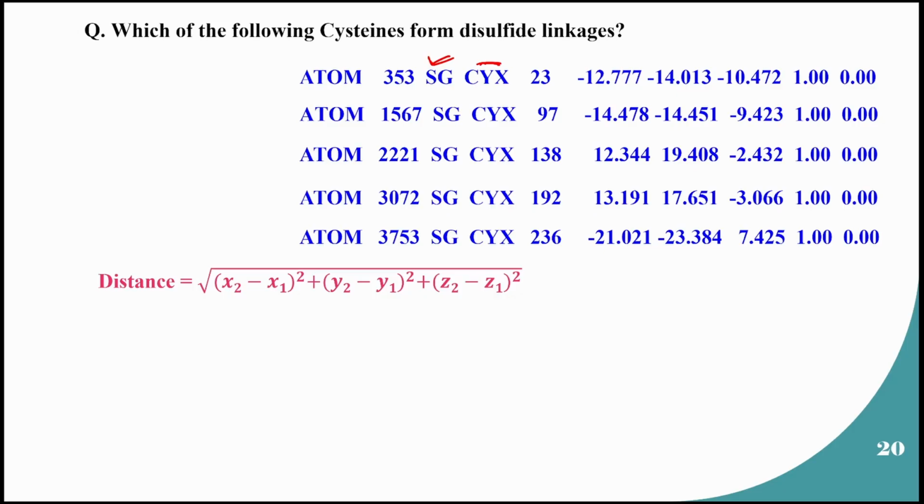So you should get into it. Typically your sulfur-sulfur distance will be around 2.03, but certain algorithms may have different cutoffs for disulfide linkage formation, but we'll just take it around that.